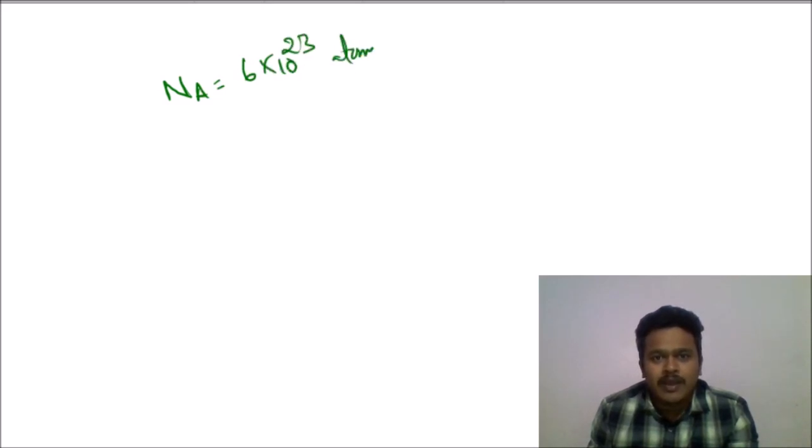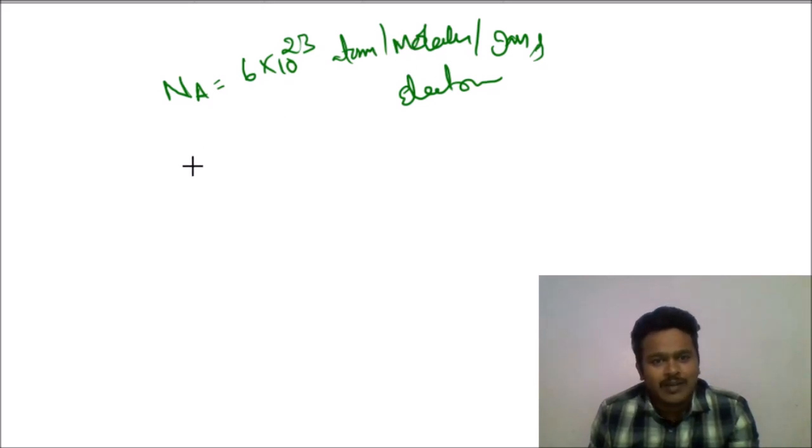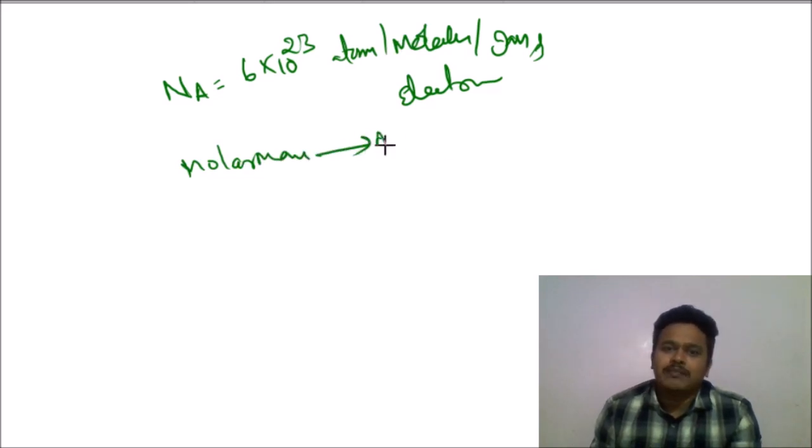That may be atoms, molecules, ions, electrons, to call as a mole. After that, molar mass. For an atom, what is the molar mass? Atomic mass is the molar mass.